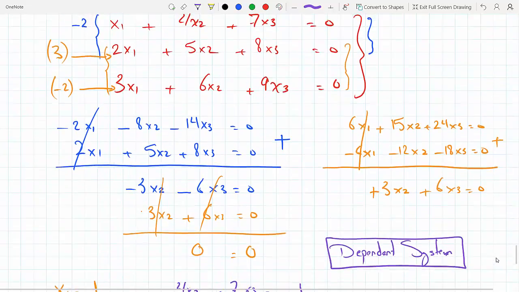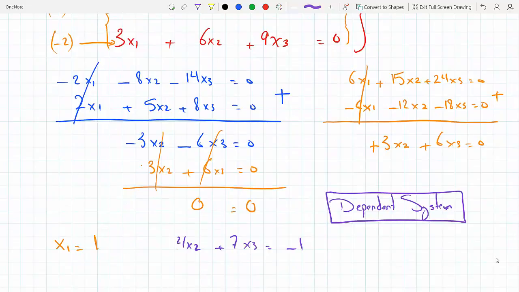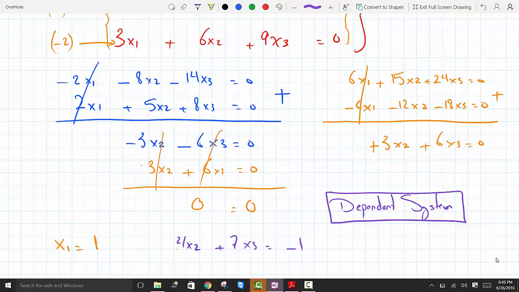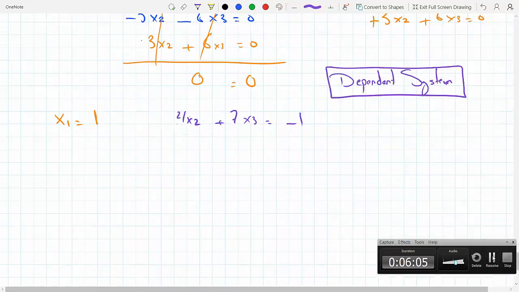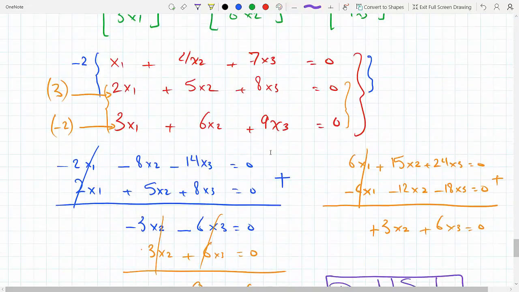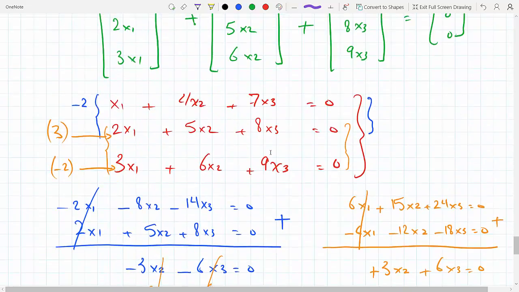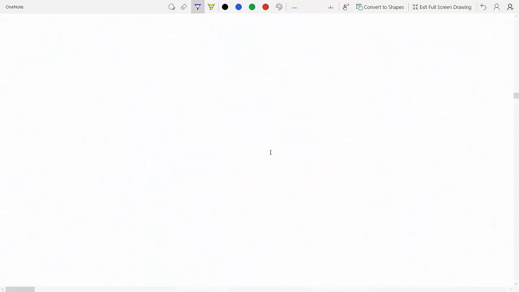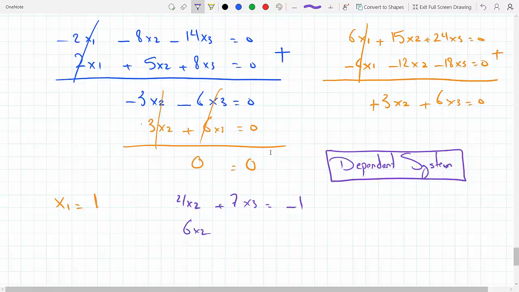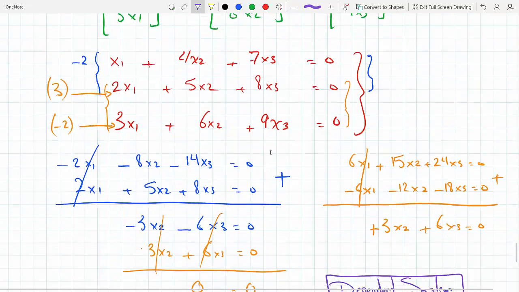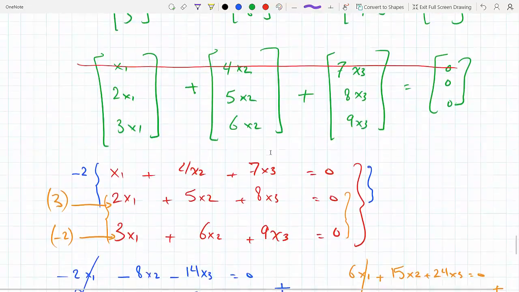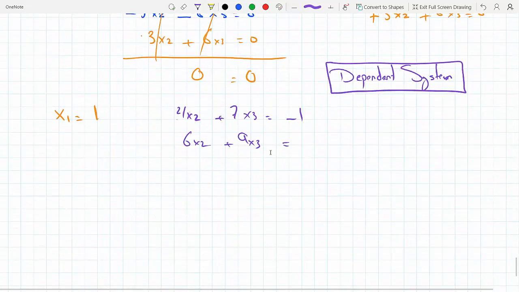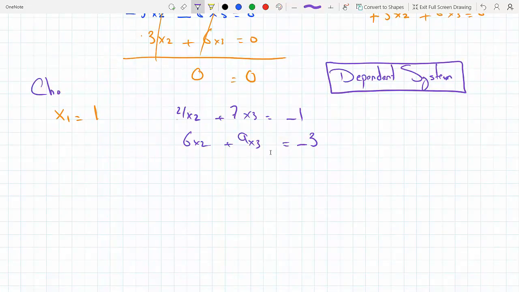So 6x2 plus 9x3 equals minus 3x1, meaning minus 3, because I chose x1 to equal 1. Okay, and I can solve the system here.